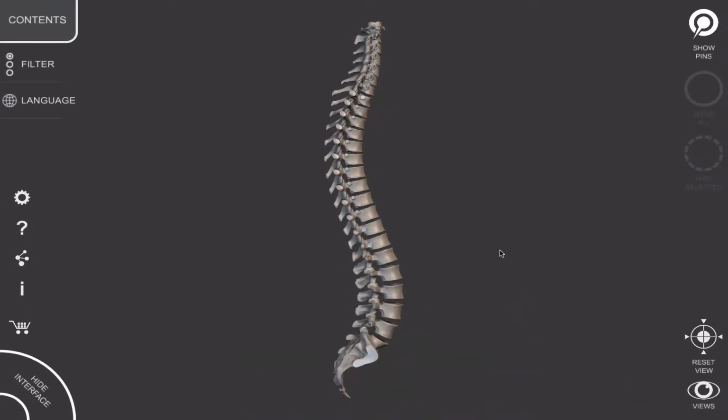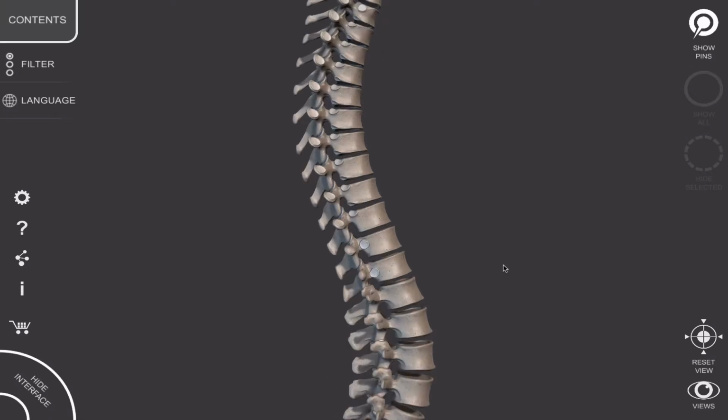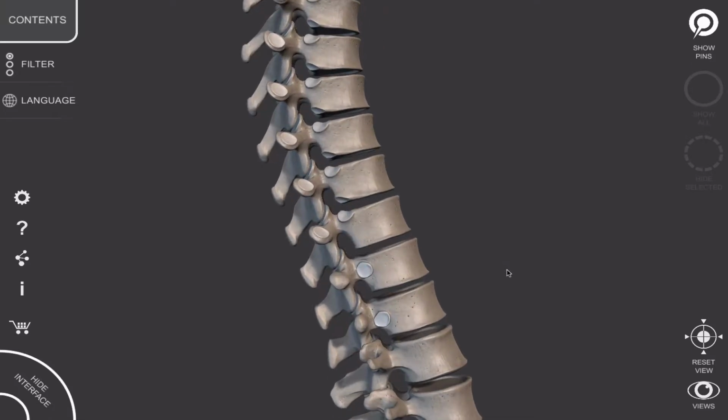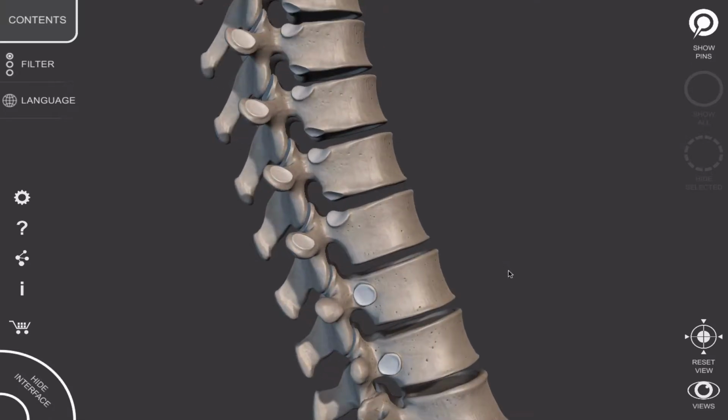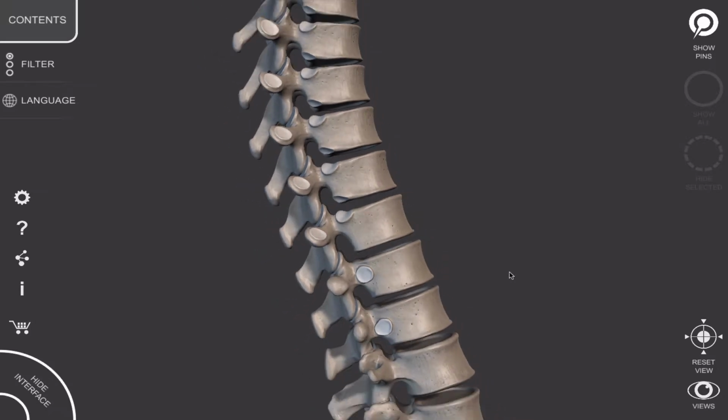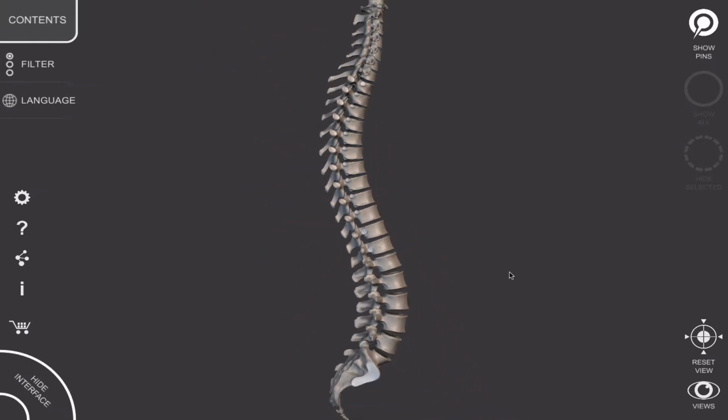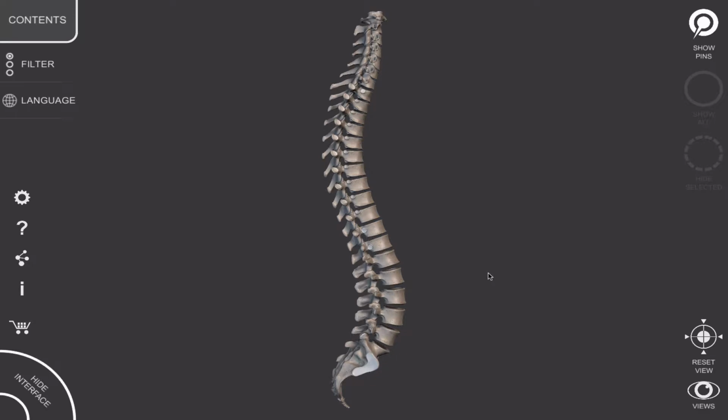Now, when you look at the spine, you'll notice that there are many individual vertebrae. And in fact, in each segment of the spine, there are typically a specific number of vertebrae.